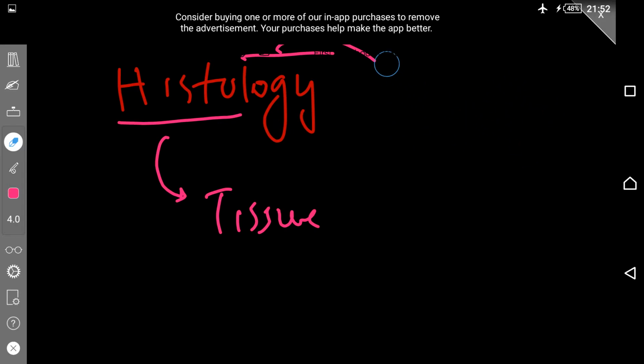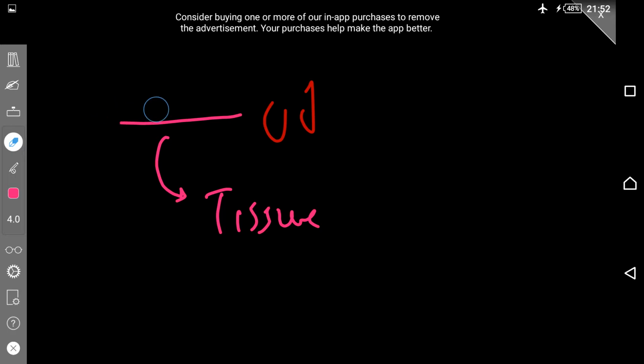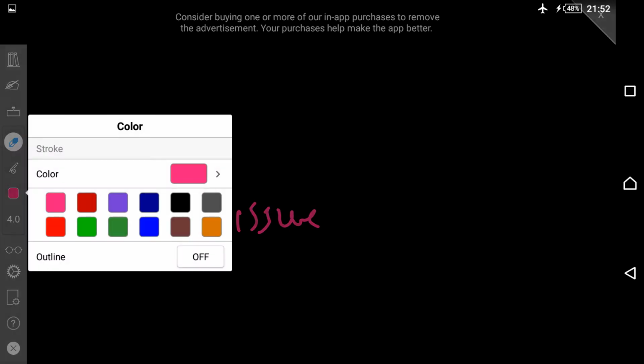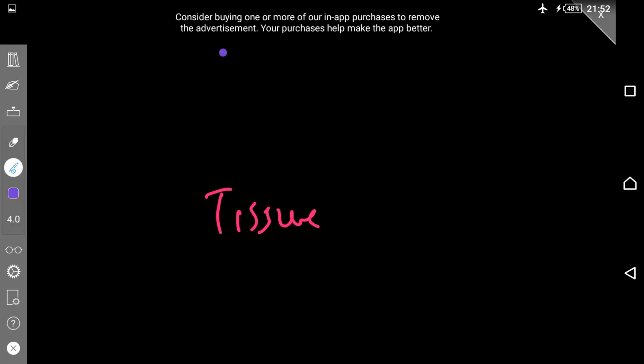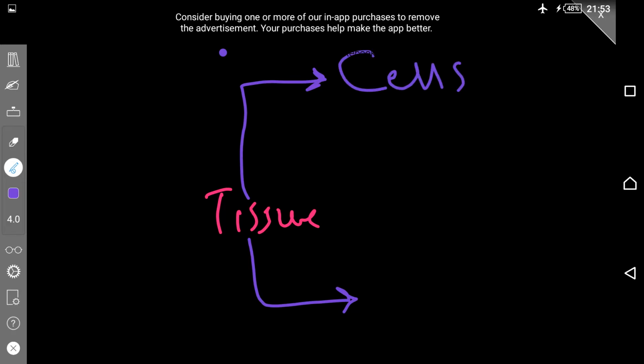We'll go forth and look into the tissue and find out what this tissue is that histology is here to study. Tissue is the part or the component of the body, especially the major component of the organs of the body, which is composed of two components called the cell and the extracellular matrix.